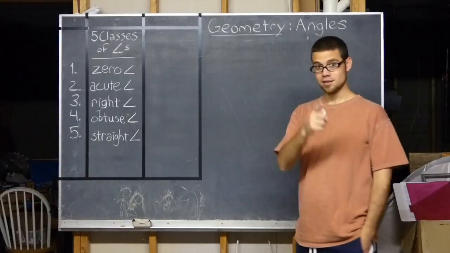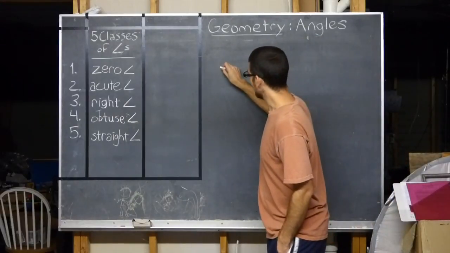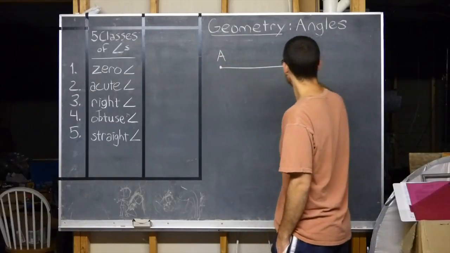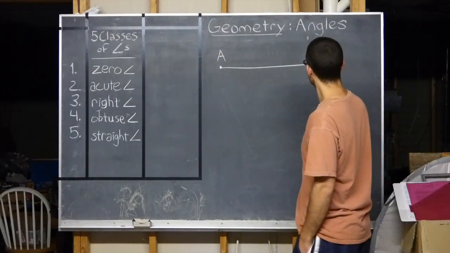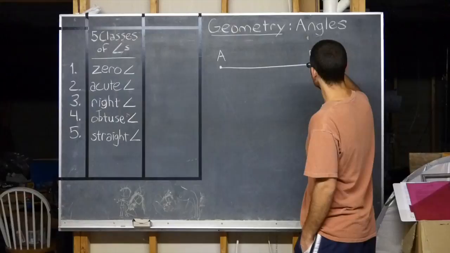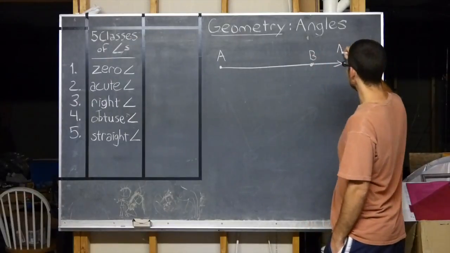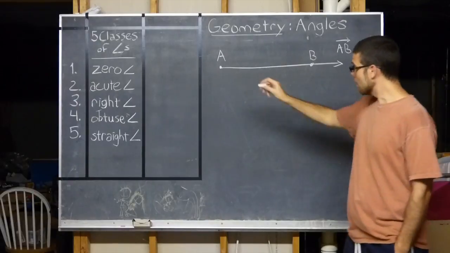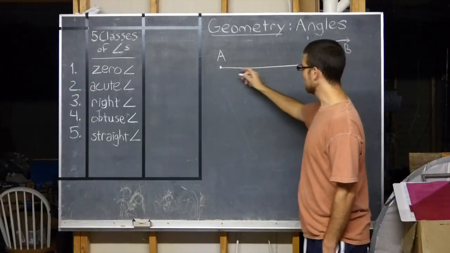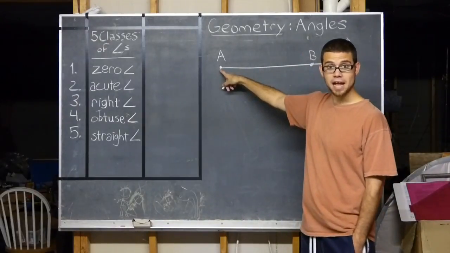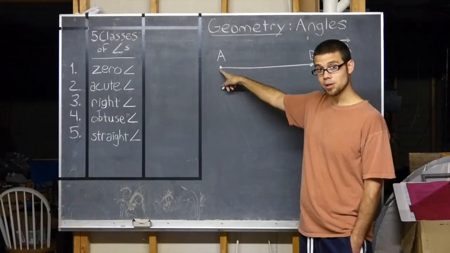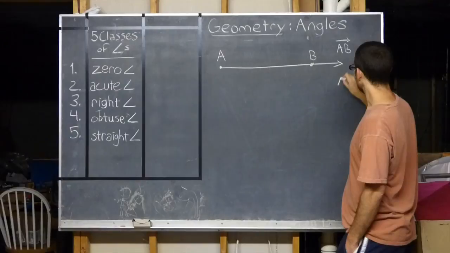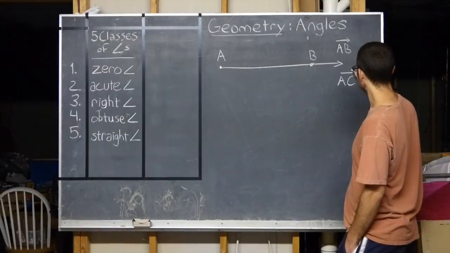How can that be? Okay, we have a ray, A, B. This is ray AB. And we have another ray. Remember, if it's an angle, it has to share a common endpoint. So, our other ray is going to be AC.